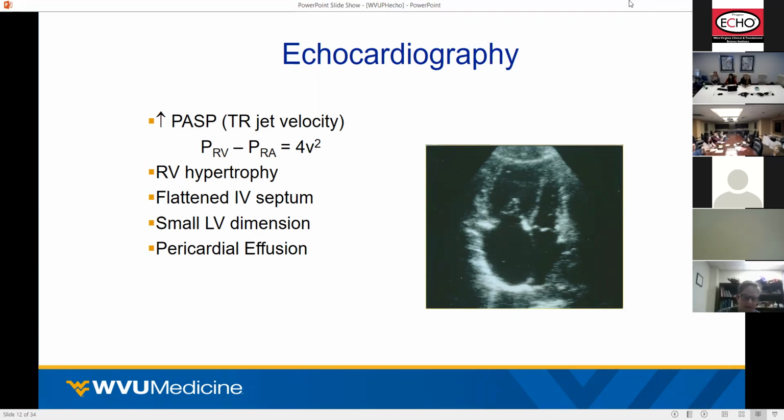For the PA systolic pressure, we do a little calculation to get to that, but this echo still frame shows RV hypertrophy, a flattened septum, and look at how the LV size is. Typically, the LV should be bigger than the right, and the left atrium is small compared to the right. And a lot of times on echo, if there's a pericardial effusion, that can be a sign that it's due to group 1 PH, but not always. But once again, it's little pieces of the puzzle that you're putting together. So as you can see, the right side of the heart is what sticks out in this echo. Next slide.